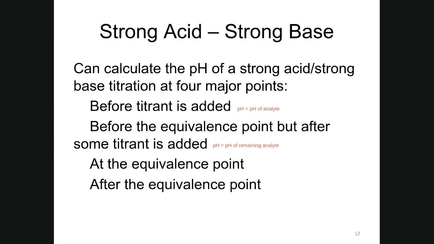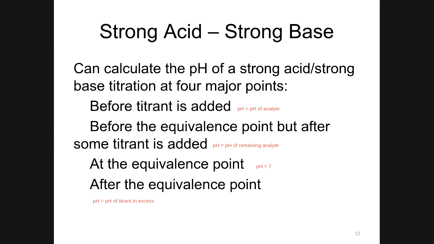So eventually, all of that base is going to get neutralized and we're just going to have acid left over, or vice versa. At the equivalence point, remember pH is always going to be 7 for a strong acid, strong base titration. And then after the equivalence point, the pH is equal to the pH of the titrant in excess.